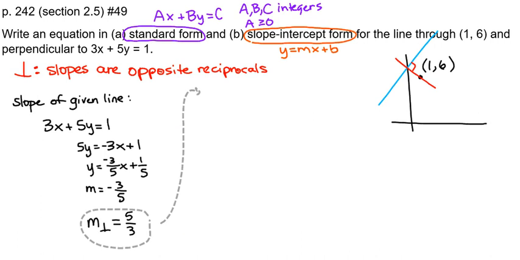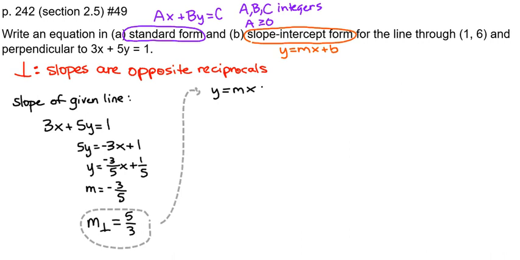And once you have a slope and you have a point, you can find the equation of the line. We have a couple of different ways to do that. One way is to use y equals mx plus b, your slope-intercept form, and substitute in what you know.